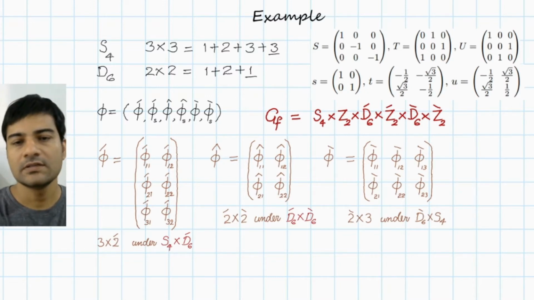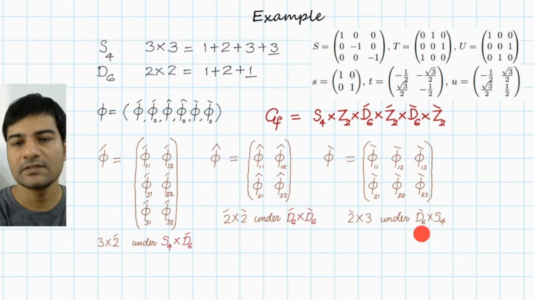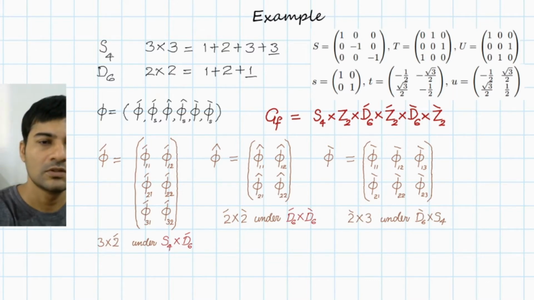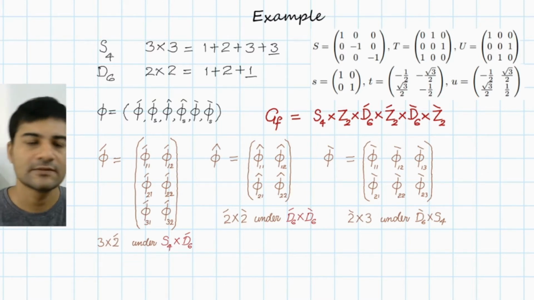Grave phi is a doublet in grave D6 and a triplet in S4. Also, the fields acute phi S, hat phi S, and grave phi S are singlets.